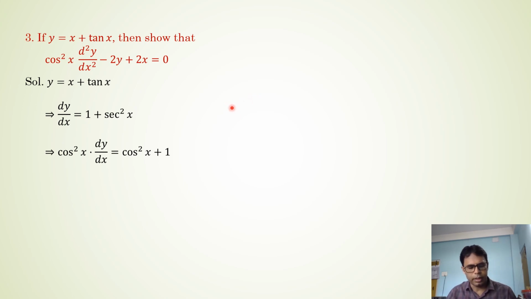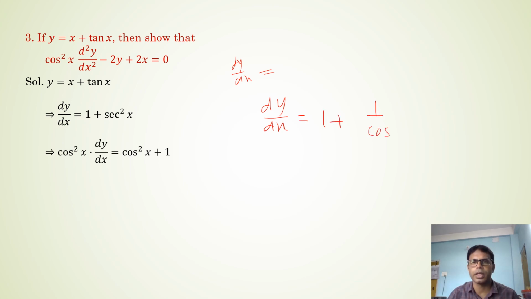Actually I am taking like this, the line dy/dx is equal to 1 plus 1 by cos square x. Actually I am writing just 1 by cos square in place of sec square, then taking a product with cos square x.